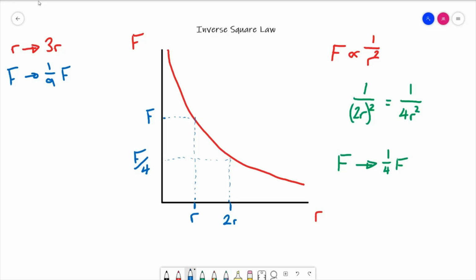Now, that idea of an inverse square law is an extremely important one in physics, and you're going to come across a few inverse square laws this year in the different topics, and you'll find that if you do take physics study further up to university, inverse square laws actually come out quite a lot in our theories.